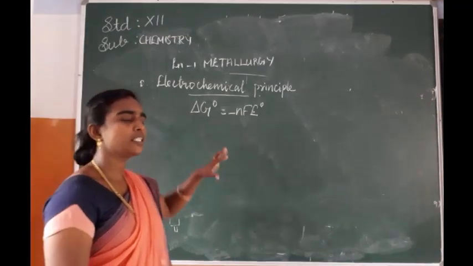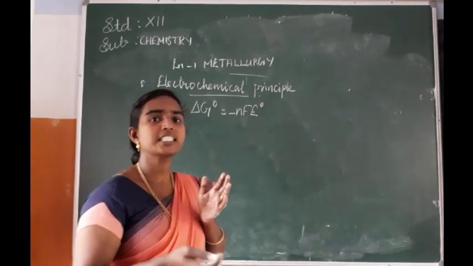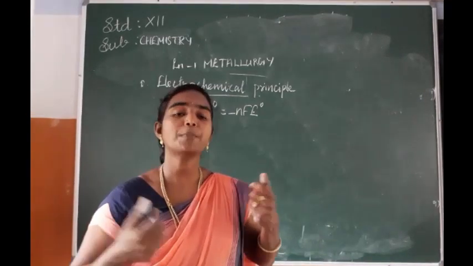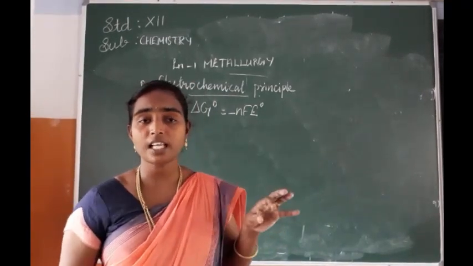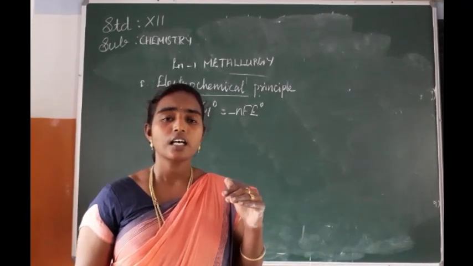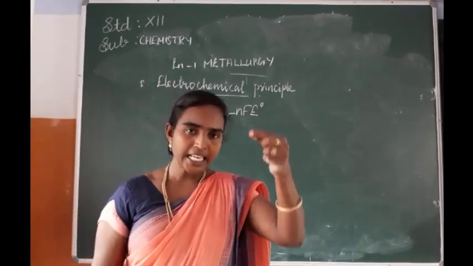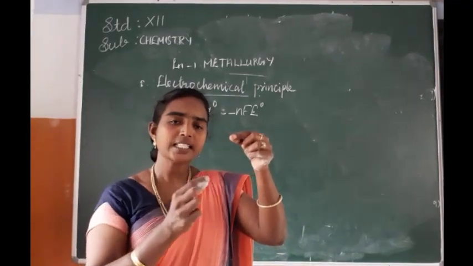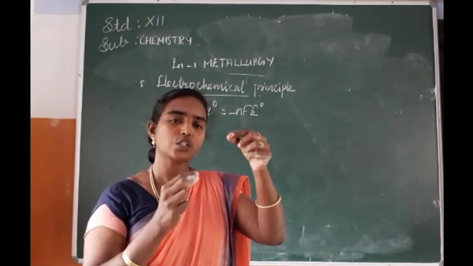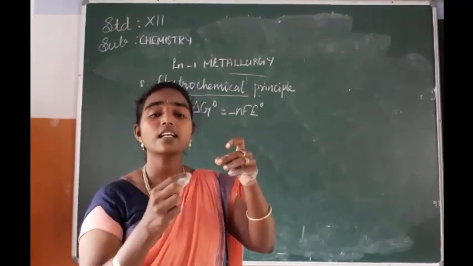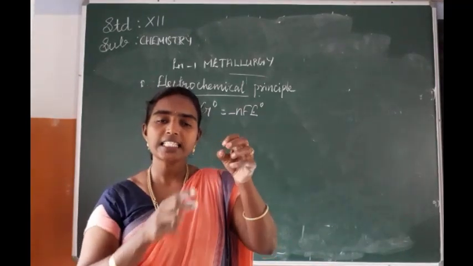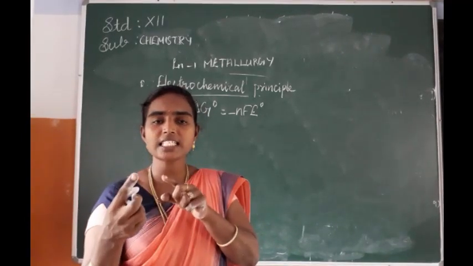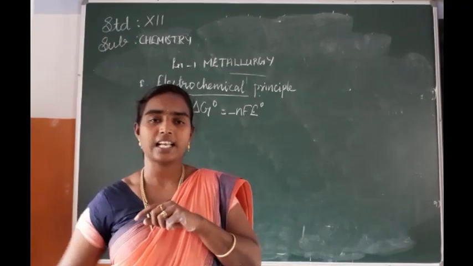Okay. For active metals, we know that in 10th standard you have studied: when an iron nail is dipped in copper sulfate solution, what will happen? The color of copper sulfate solution is blue. When an iron nail is dipped in that solution, what will happen? Iron is more electropositive, more active than copper, isn't it? So it displaces the copper from copper sulfate and the solution changes to green, that is ferrous sulfate.